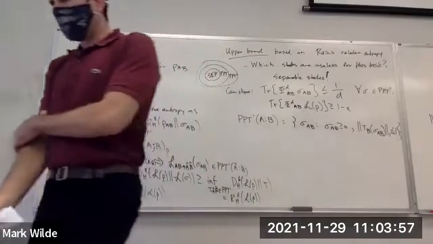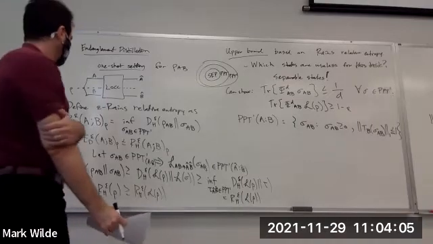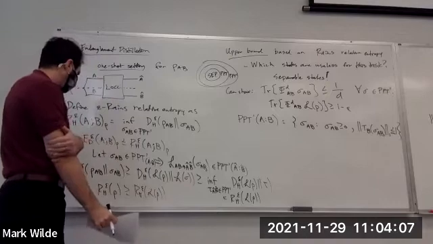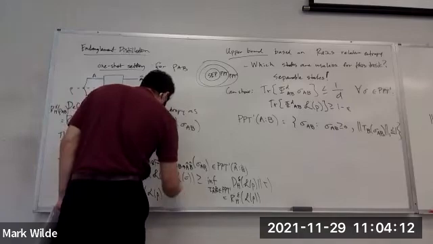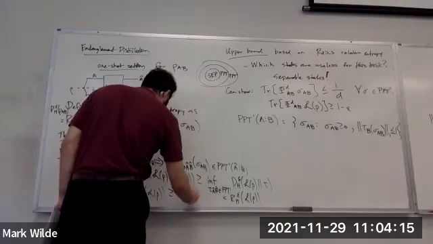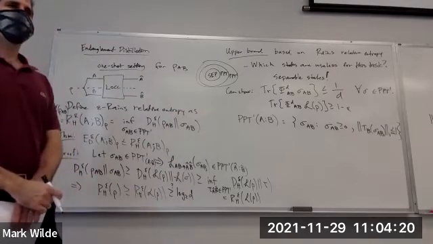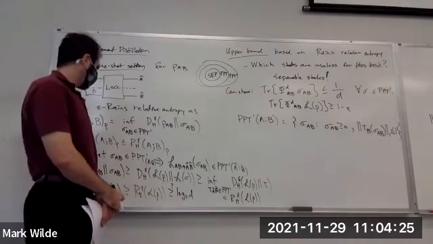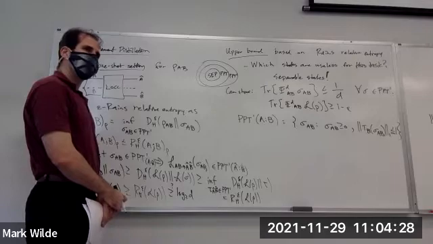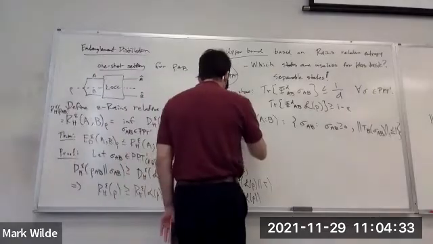So does anybody have an idea of what we should do? The final step. So our final step is we want to say that this is greater than log d. So how are we going to do that? Let's recall the definition of hypothesis testing relative entropy.